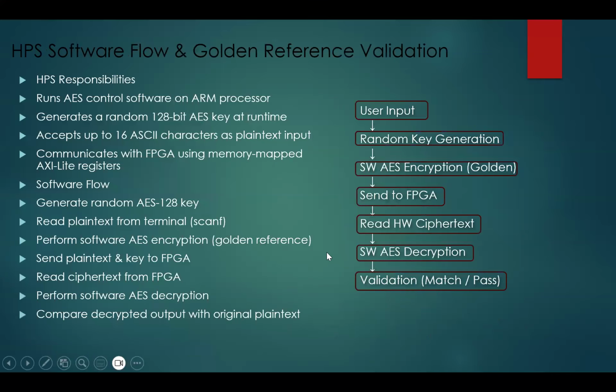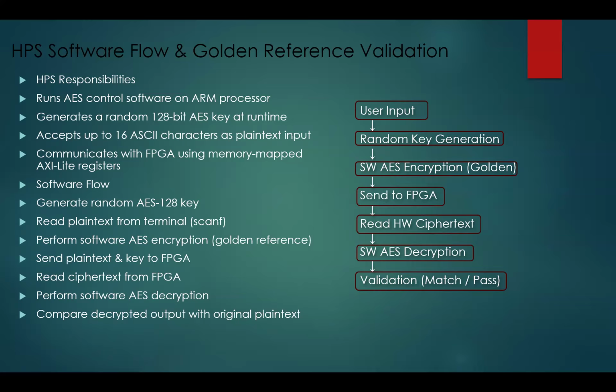HPS software golden reference validation. Here you can see the user input is given first, then random key generation. Software AES encryption, which is the golden reference, is sent to the FPGA. Read the hardware ciphertext. Software AES decryption and validation, which is match or pass.